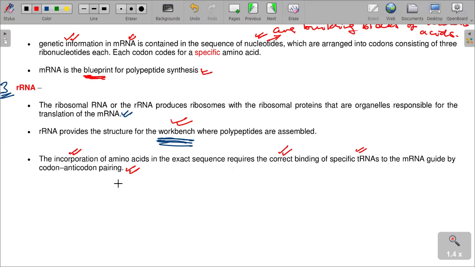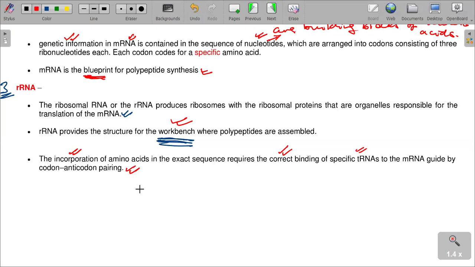I'm sure that we talked about that: there is a single strand of mRNA that has to match its codons with the anticodons that are brought by the transfer RNA, which carries specific amino acids, which are then synthesized, producing a specific chain.